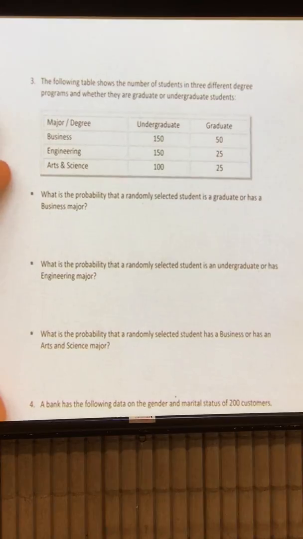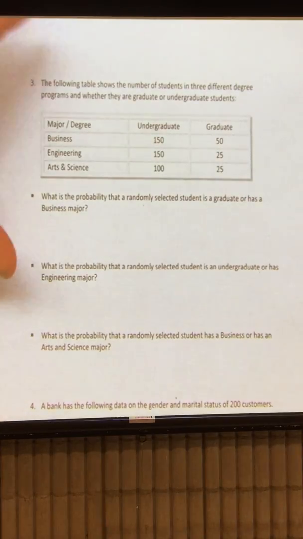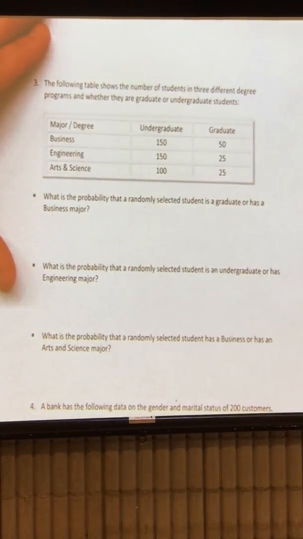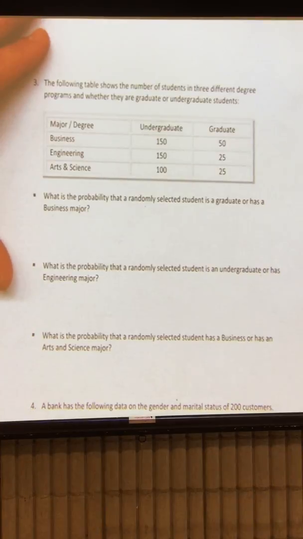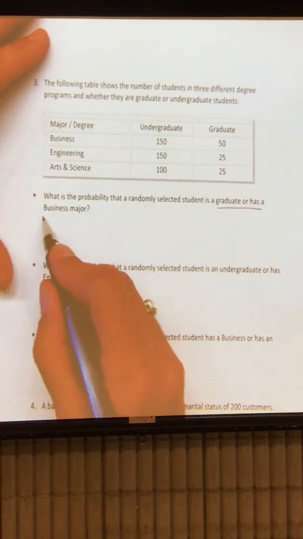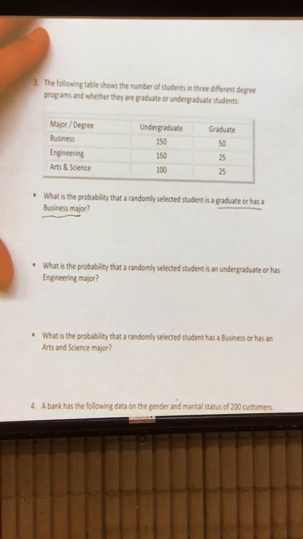And number 3, here you have a table again. Find the probability that the selected student is a graduate or has a business major.